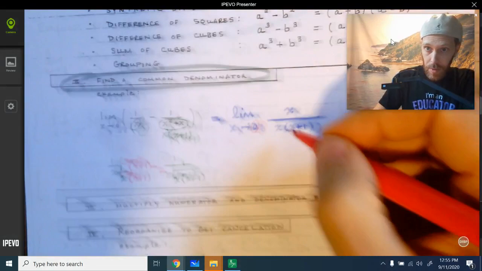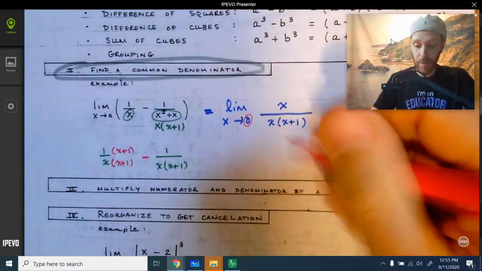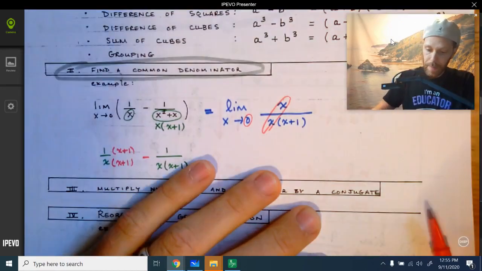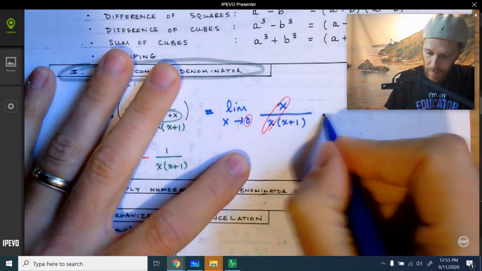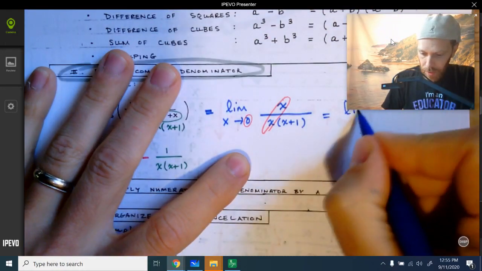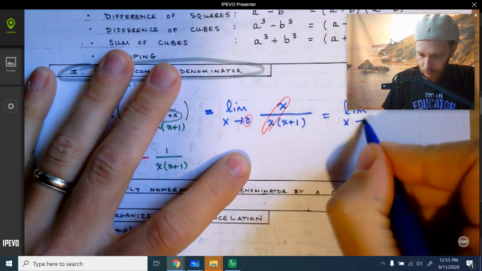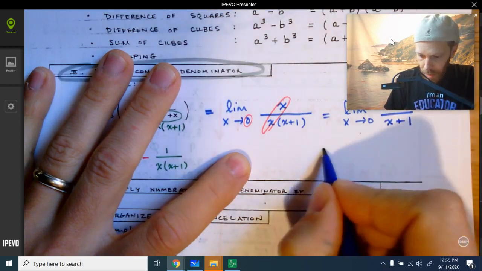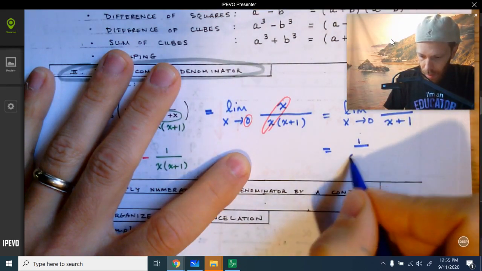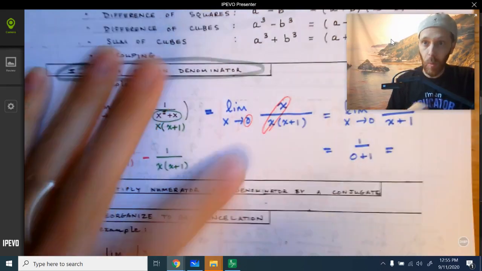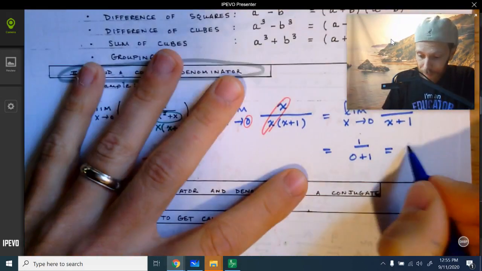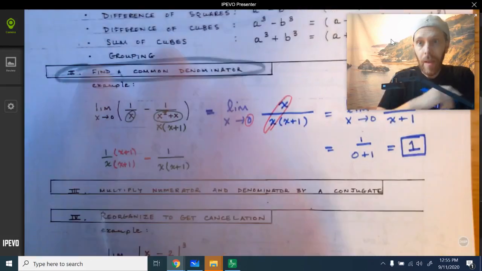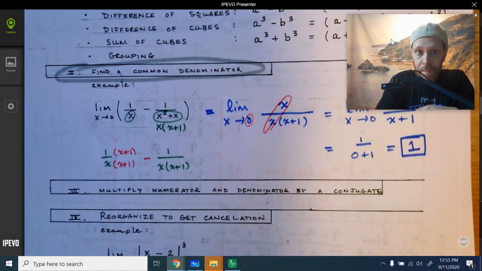And the only thing that has a root of 0 is x itself. So we can now take these two terms and cancel them. That gives us the limit as x approaches 0 of 1 over x plus 1. I plug in the 0, and I get one of my favorite numbers. The limit is 1.